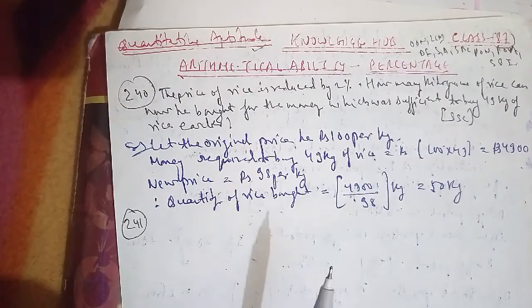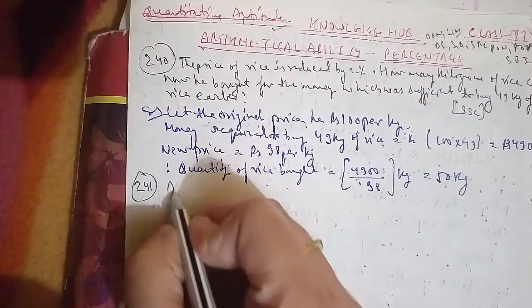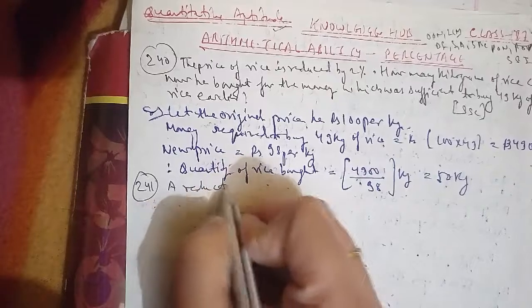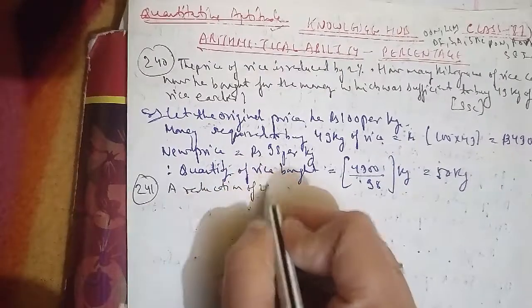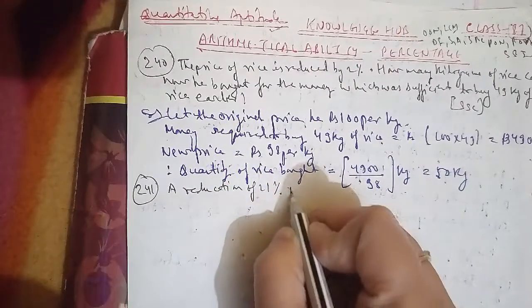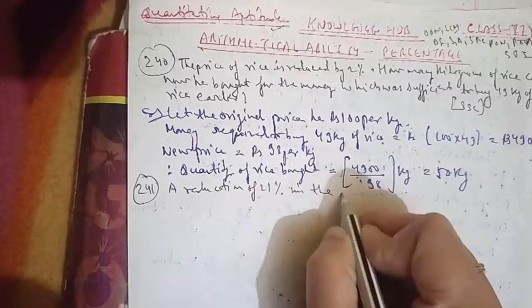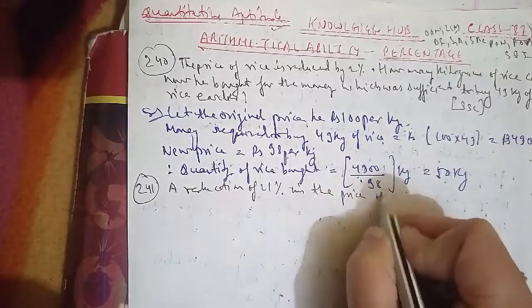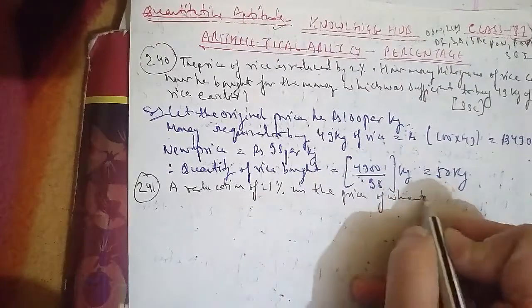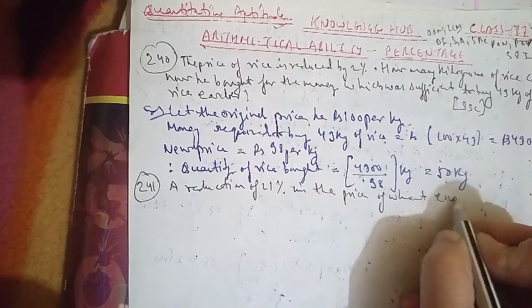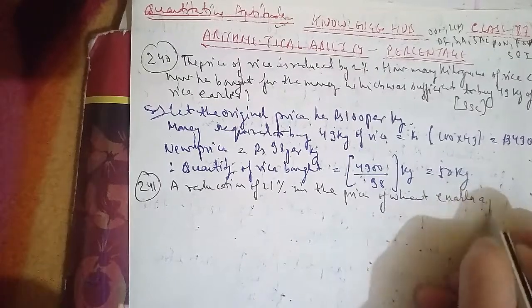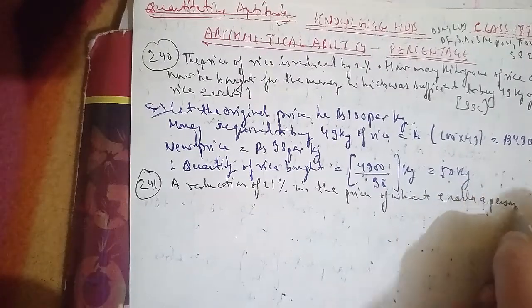A reduction of 21% in the price of wheat enables a person to buy 10.5 kg more for rupees 100.